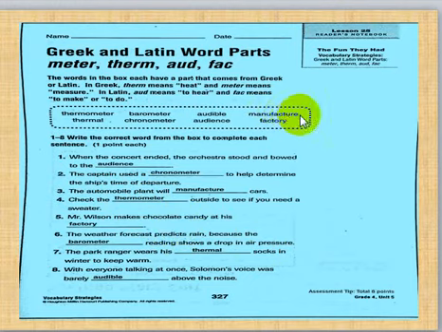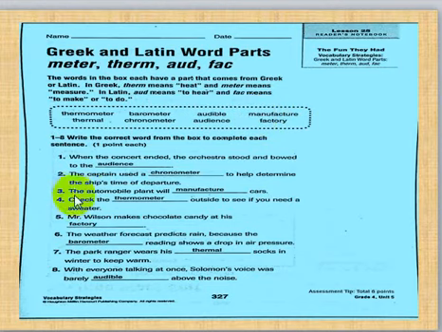Number 4, manufacture. Manufacture here means what? To make something in large numbers in a factory. To manufacture, like jackets in a factory. This factory makes jackets in large numbers.